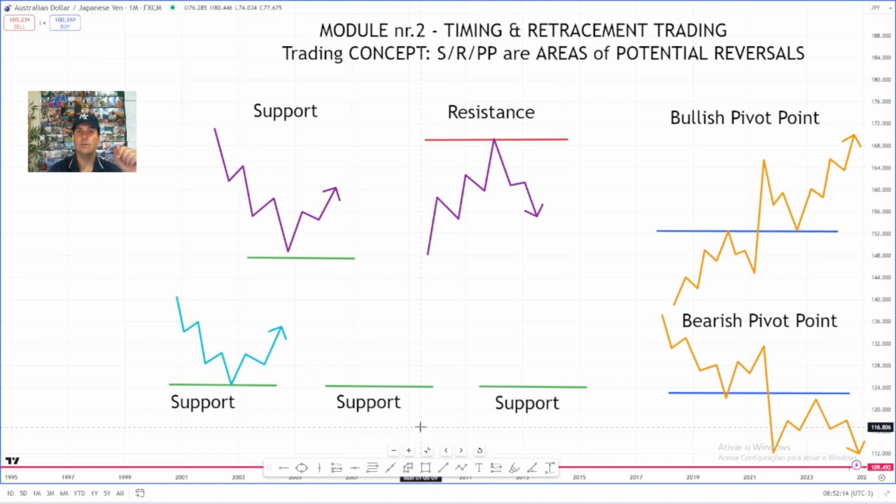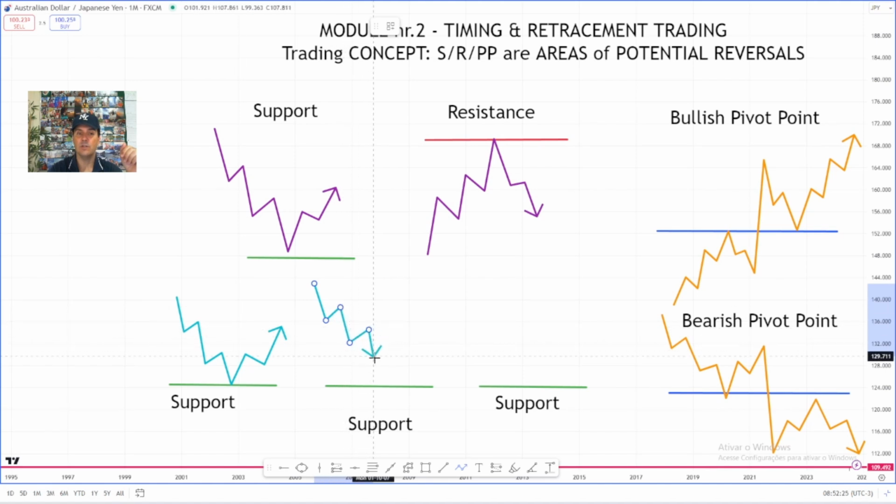Now the next one that you might be unaware of is that the market is going to go lower low, lower high, lower low, lower high, lower low, get near the line that you've charted and then react.